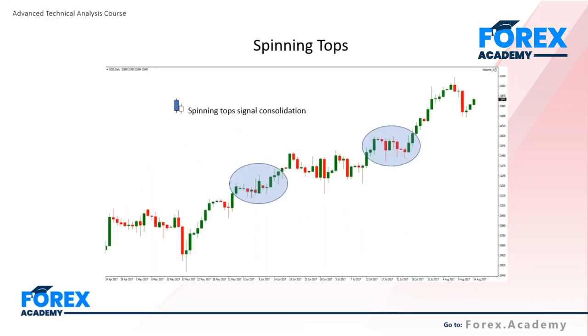In this example, we can see spinning tops. If you recall from what we mentioned earlier, spinning tops are usually found in periods of consolidation in the market. Generally, they are characterized by smaller real bodies. And we can see an abundance of smaller real bodies during these phases where the market is consolidating.